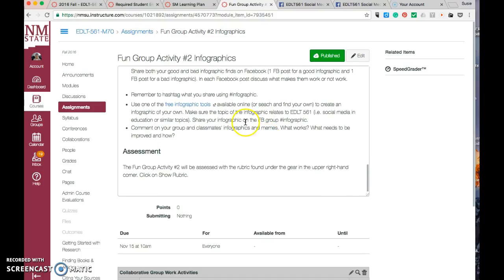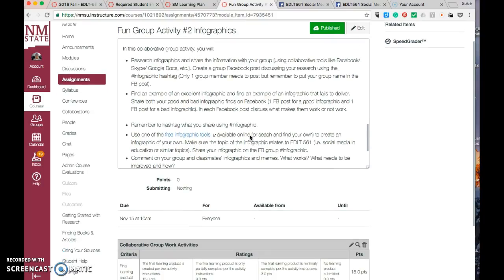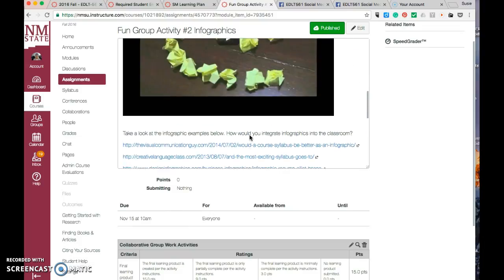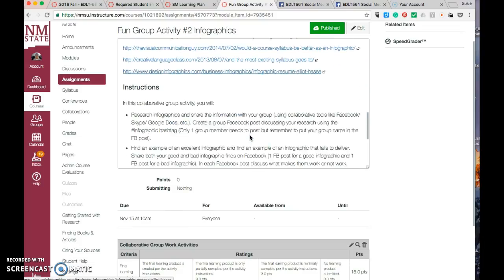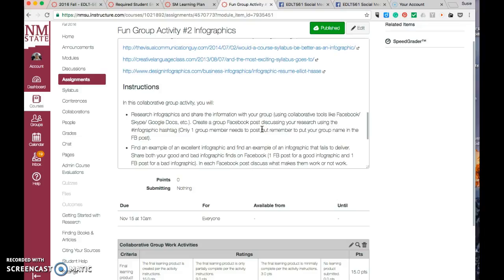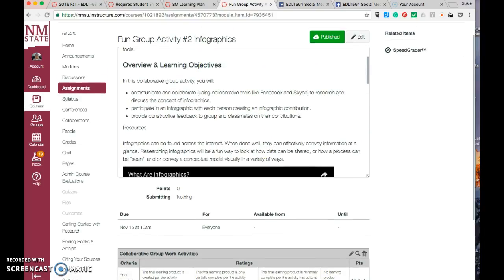And of course, you are making an infographic and you are commenting on the infographics and memes that people have created in terms of what is working and what needs to be improved in the infographic. And then how are you using infographics in teaching and learning? And that's in this post, the original post that you're talking about, the educational uses of infographics.